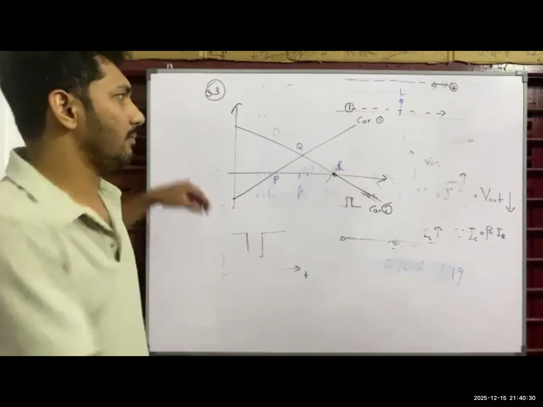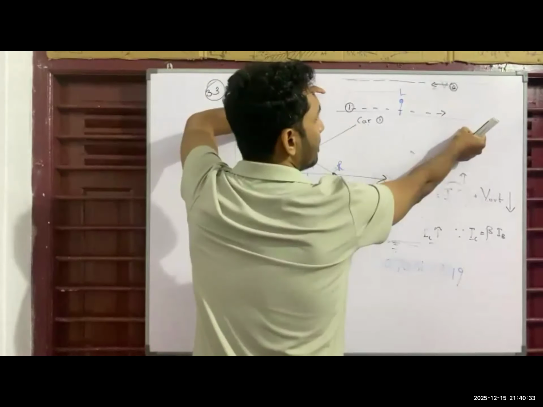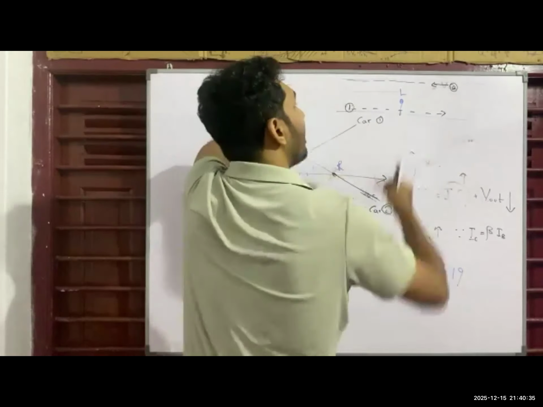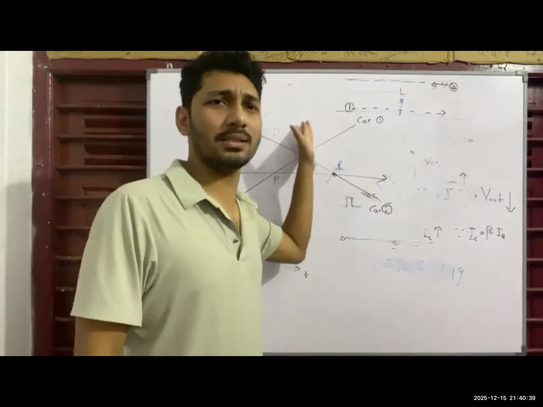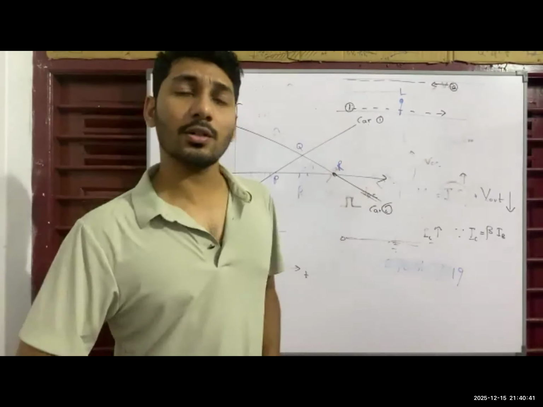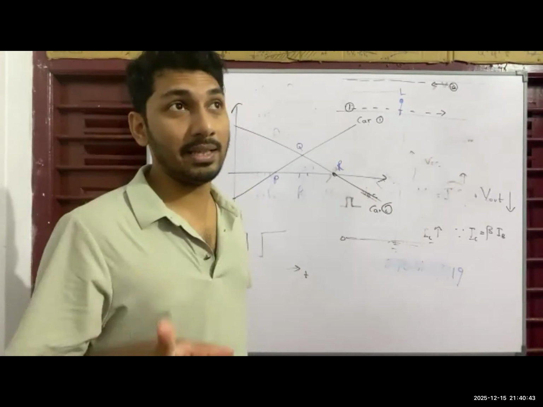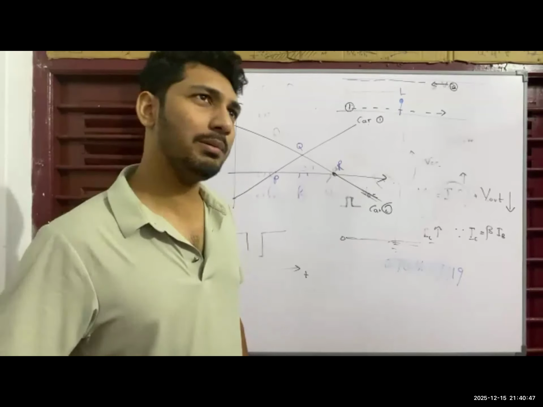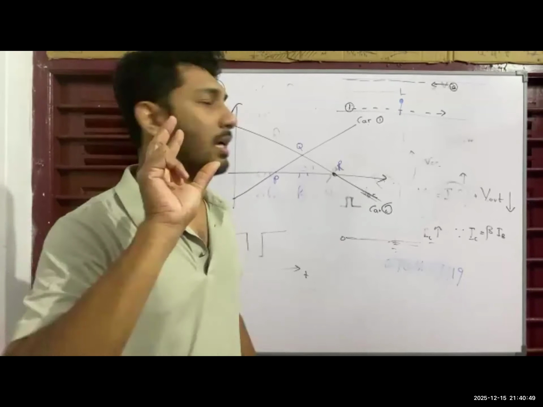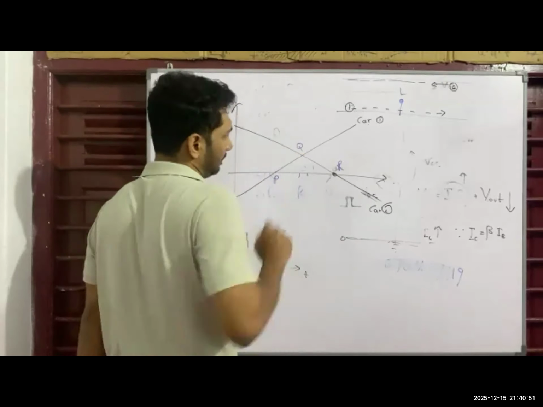They're starting from opposite sides. Both moving towards the lamp and crossing is not possible. They should be on opposite sides of the lamp. So crossing will never happen when they are moving towards the lamp. One should be moving away from the lamp. That is exactly what is happening at Q.